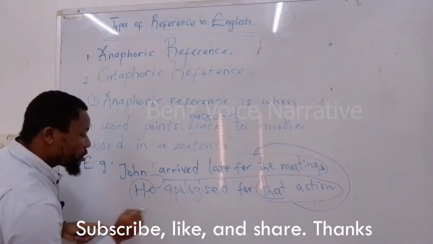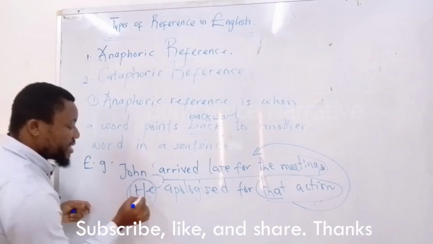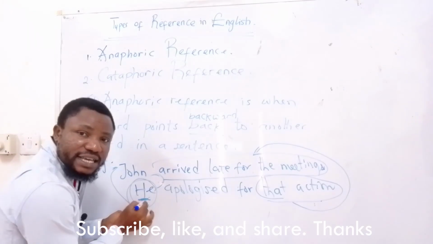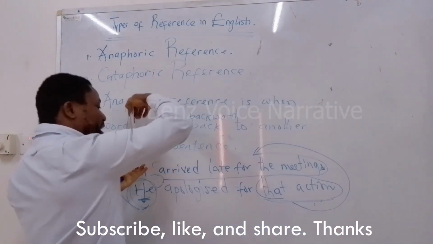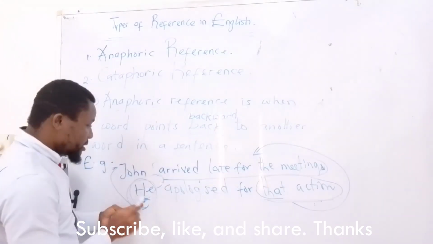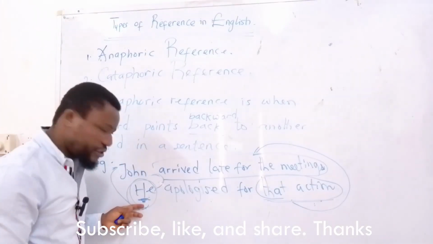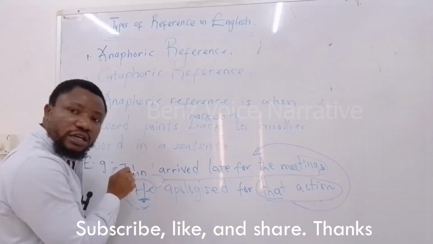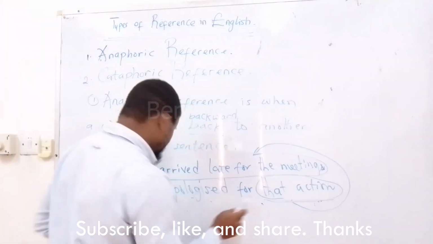And also the pronoun he in this place is anaphoric in that it means the same thing as John. But for us to know what this he is, for us to know what that action is, we need to go back to the first sentence to know what this means. He apologized for that action. What are we talking about here? He. Who is the he? Okay, John. What action?